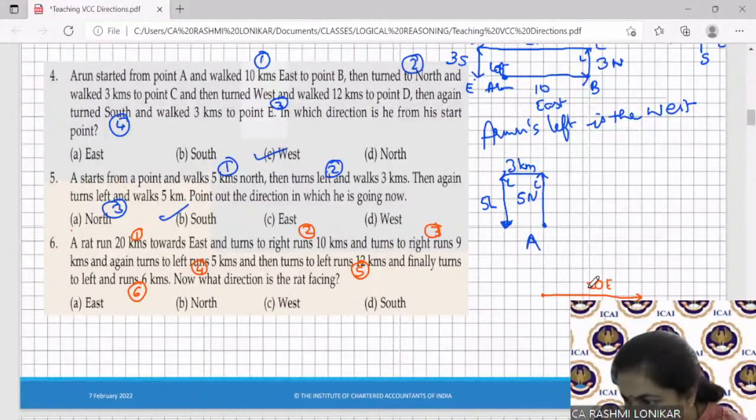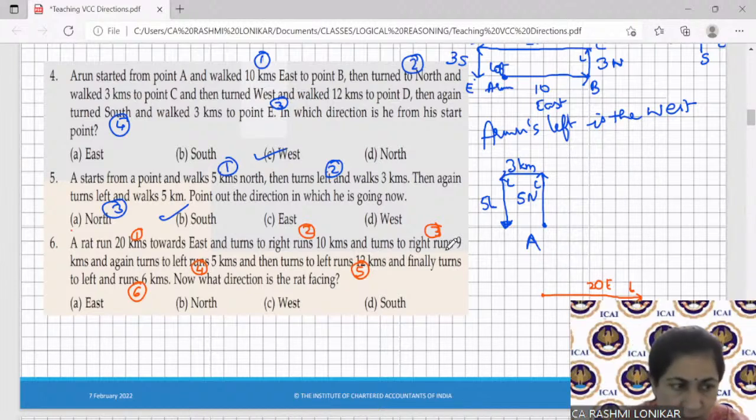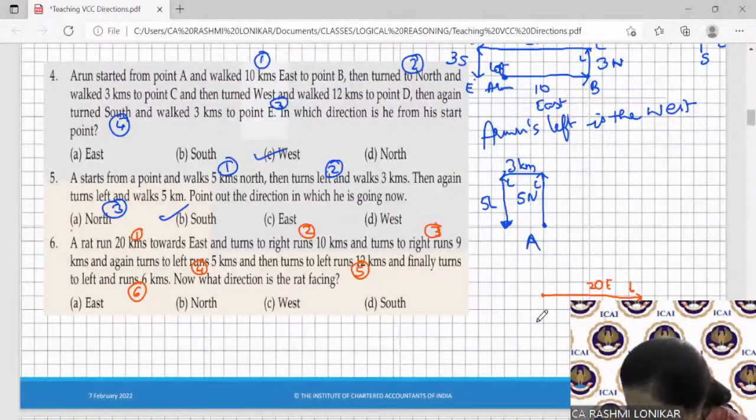Okay, this is his left direction. Then turns right, runs 10 kilometers. Okay, so 10 kilometers to the right. So he's like here. So this is his left. And turns right, runs 9 kilometers.